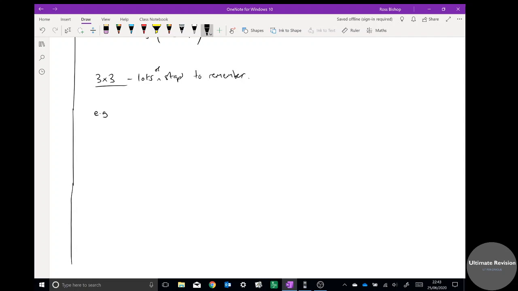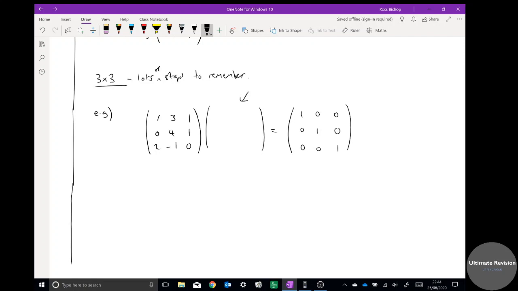And the best thing to do is to use an example. Again, it's exactly the same situation. So if I had a matrix like this, what is the inverse? What matrix do I need to times it by that gives me the identity matrix? So we're trying to find this matrix here. That's the inverse, okay?